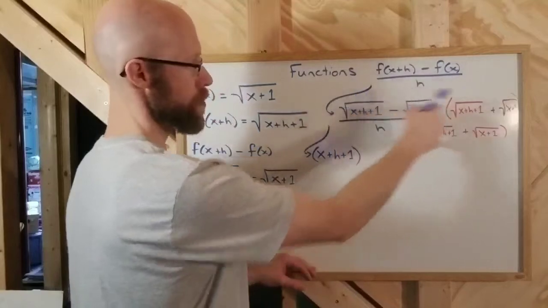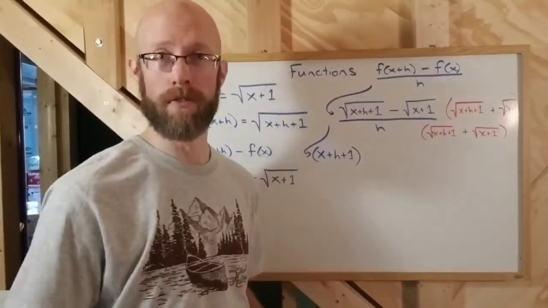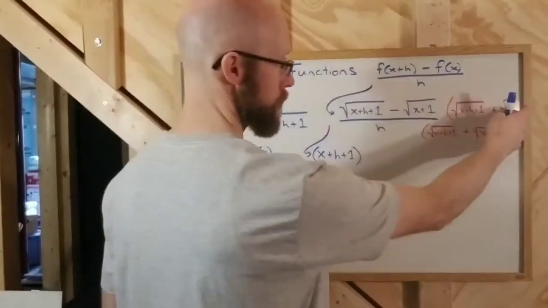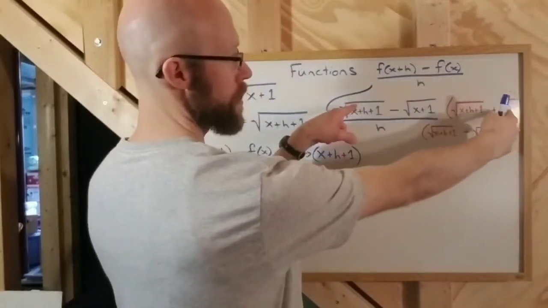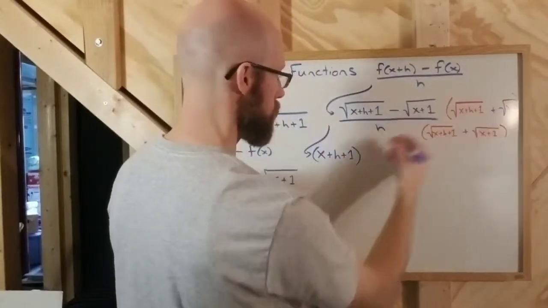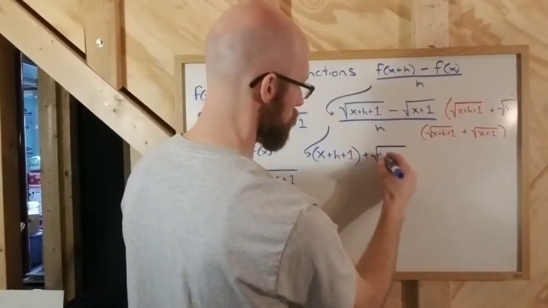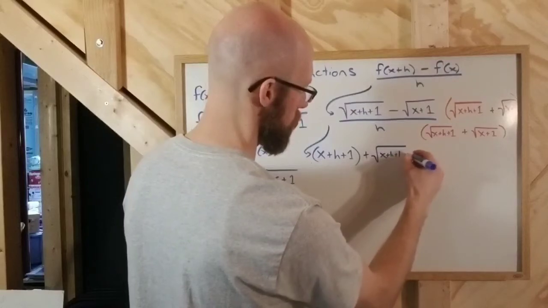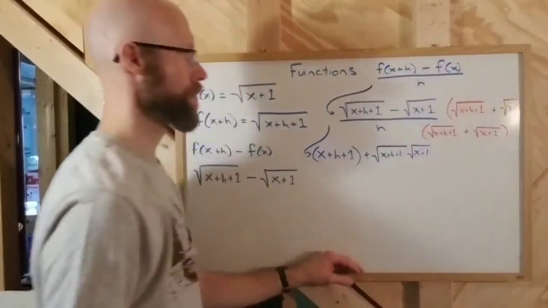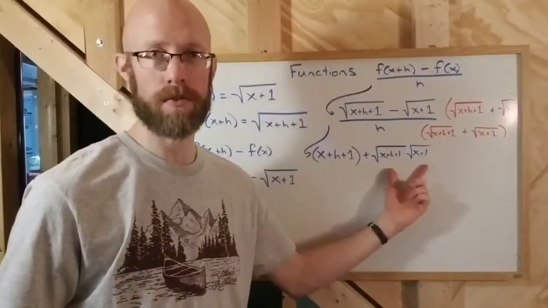That's the first term times the first term, the F in FOIL, if you will. Then the outer two, first and last, is going to be a positive root of x plus h plus 1 times the root of x plus 1. So it's the product of the two roots.